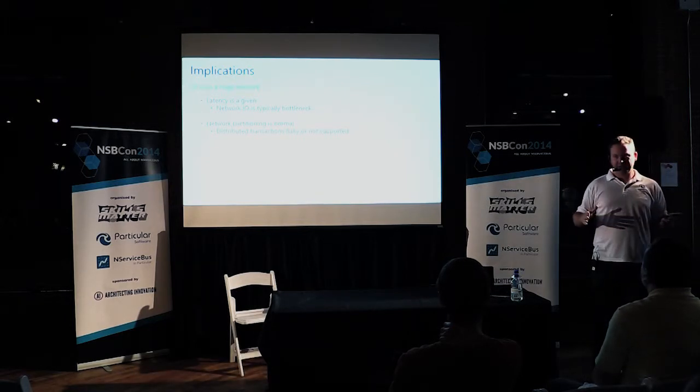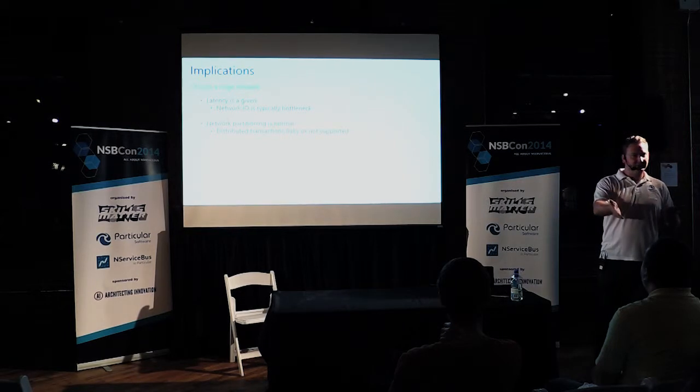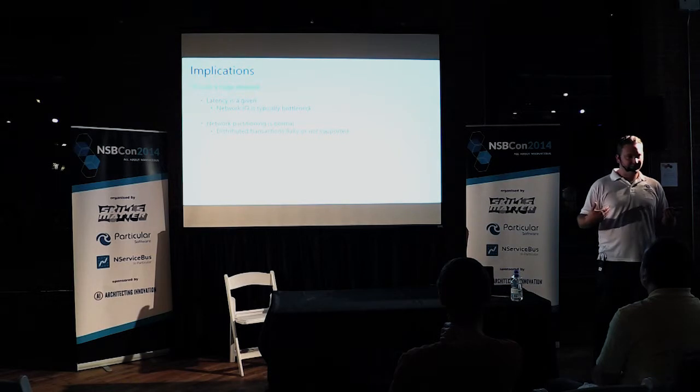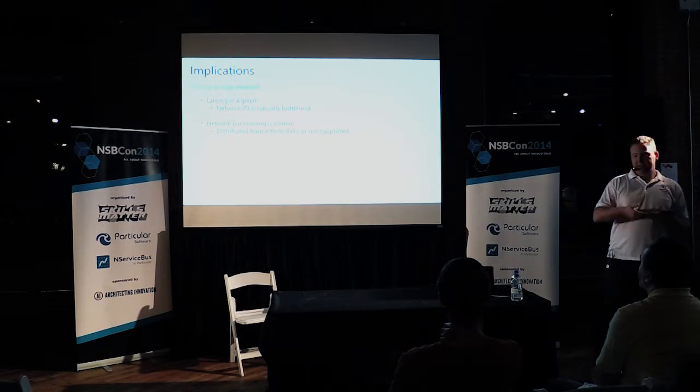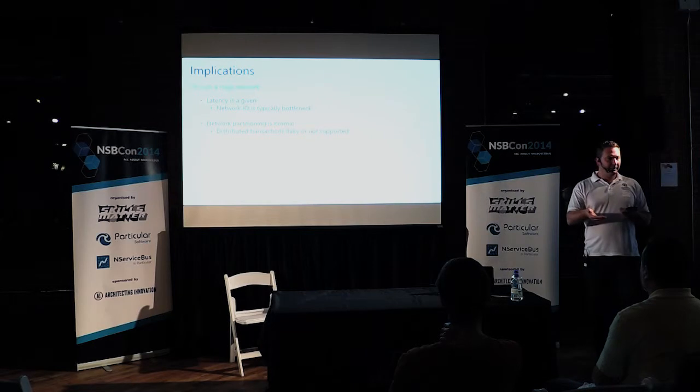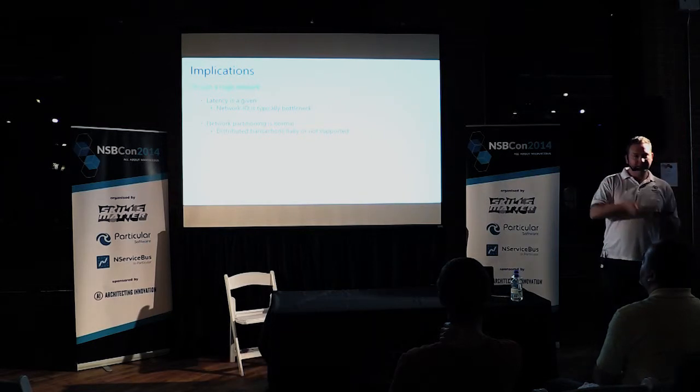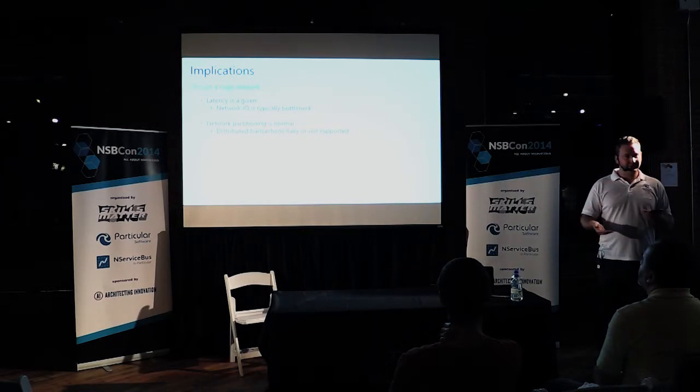So if you have 3 servers, it could be that server A can talk to B, but C cannot talk to B, while A can talk to C. That's perfectly possible. This is also the reason why distributed transactions are either very flaky or not supported at all.